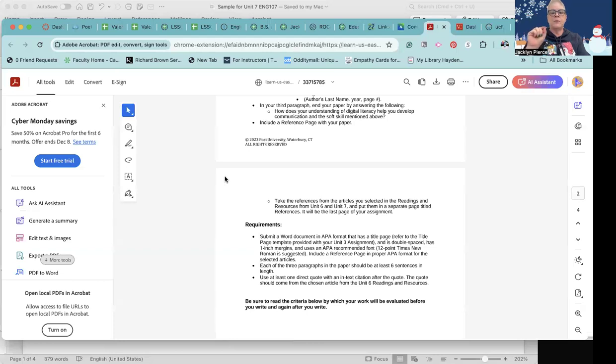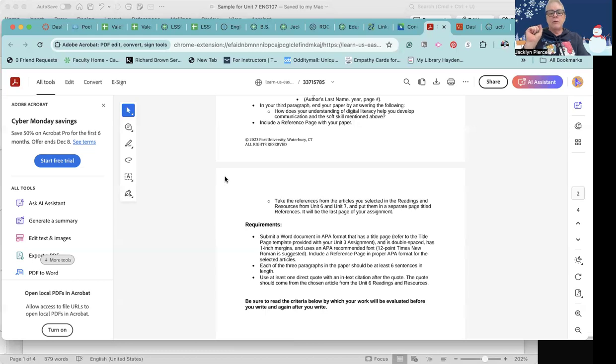So submit a Word document in APA format that has title page or cover page, whatever you want to call it. The whole document will be double spaced. It'll have 1-inch margins. Use a recommended font. Times New Roman 12 point is the kind of industry standard, but you can use whatever default font you have on your computer. I always suggest changing as few things as possible.